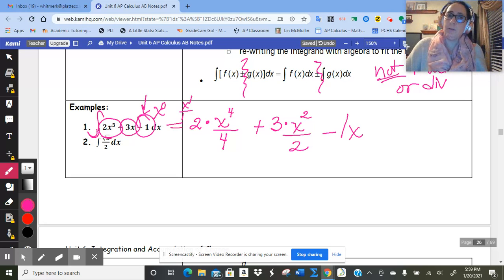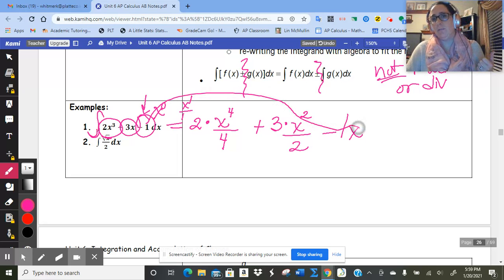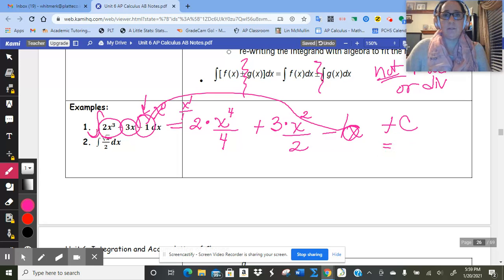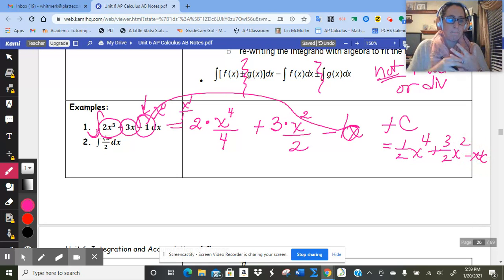So if it's just a number, then the antiderivative, you add on an x. Don't forget plus c, because we have no idea if there was another thing there or not. So let's simplify that up. 1/2 x to the 4th plus 3/2 x squared minus x plus c.